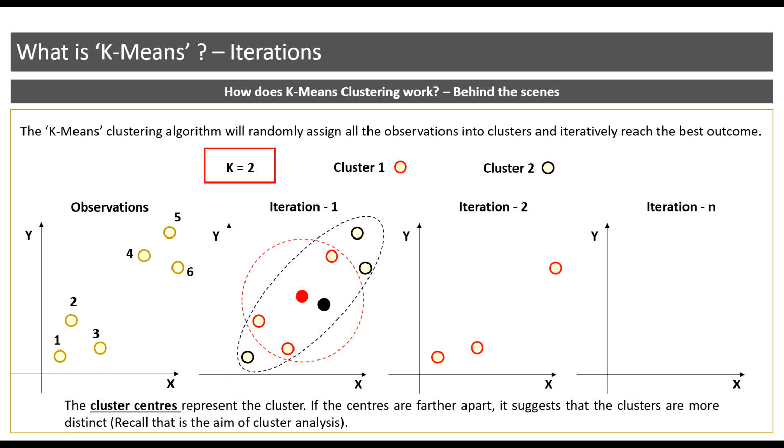In the second iteration, we observe this time that observations 1, 3, and 6 have been assigned to cluster 1. Again, here the red dot represents the center for cluster 1. The remaining observations, that is 2, 4, and 5, have been assigned to the second cluster.